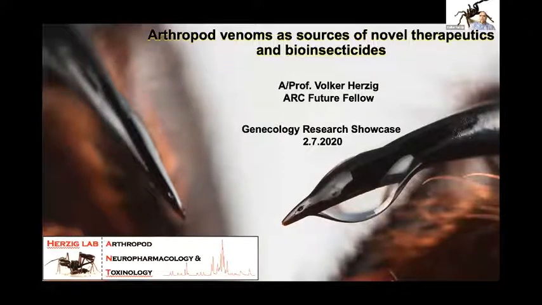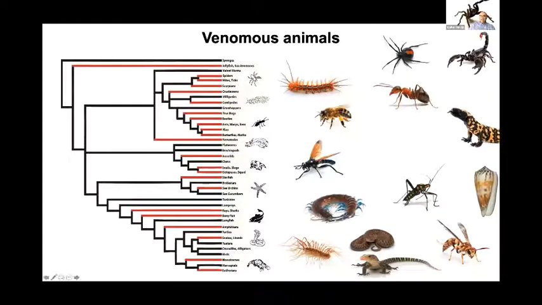So my research is looking into arthropod venoms and how we can utilize them for novel therapeutics, bioinsecticides, or molecular tools. Not all of you will be familiar with venoms and venomous animals, so I'll give you a little background. Venom usage is actually not rare in the animal kingdom.